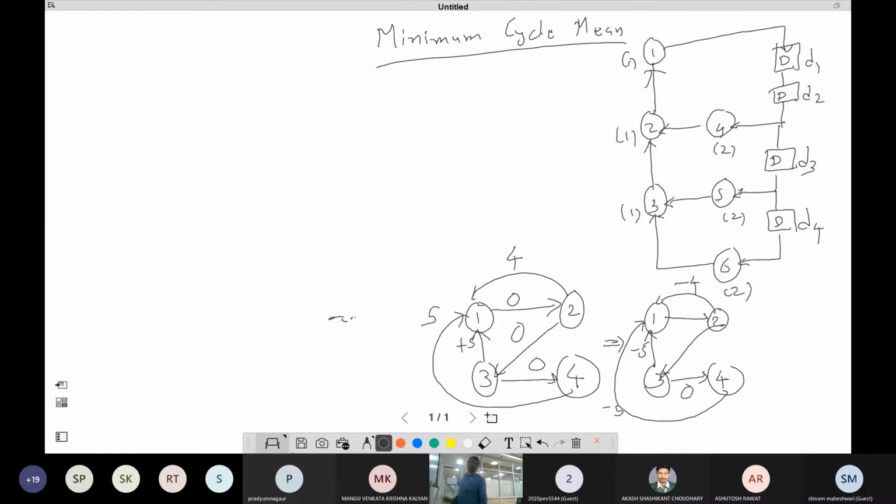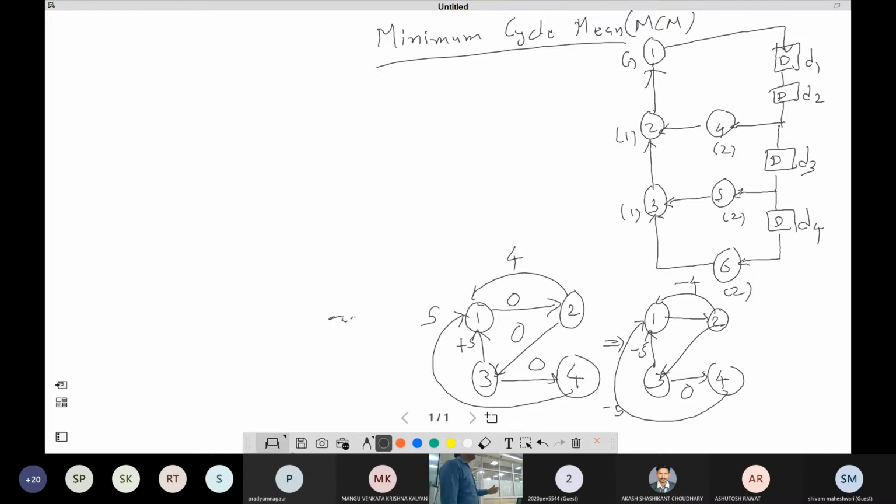This is the graph which we have used for our loop bound method as well as for our iteration bound method. Now, when we talk about the third method, we are taking the same example. Okay. Now, this method also depends on the number of delay elements in your original graph.